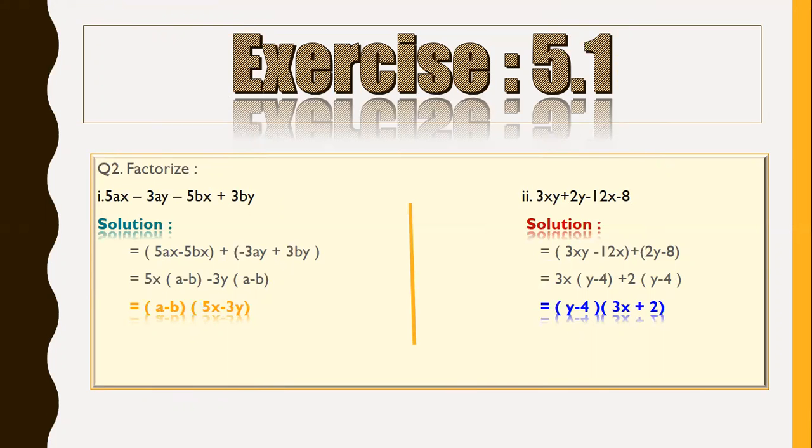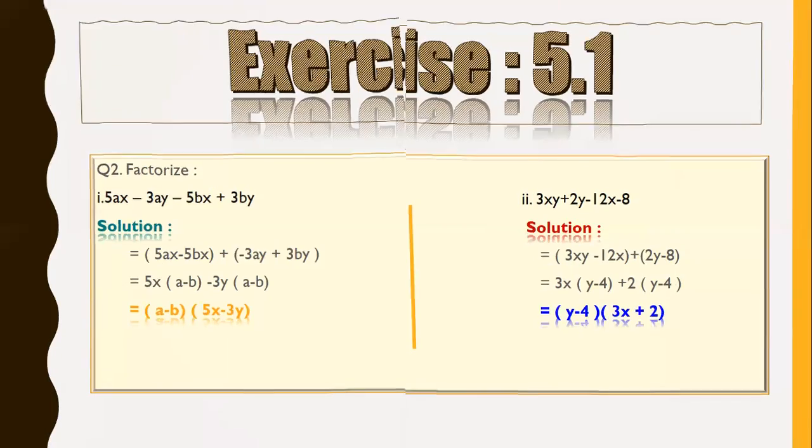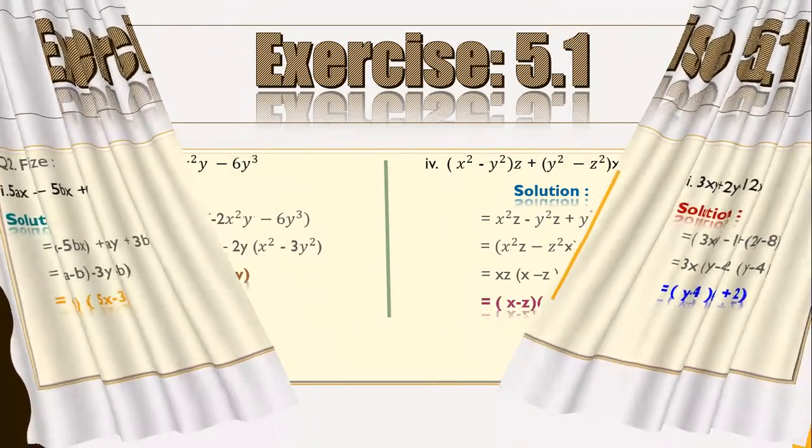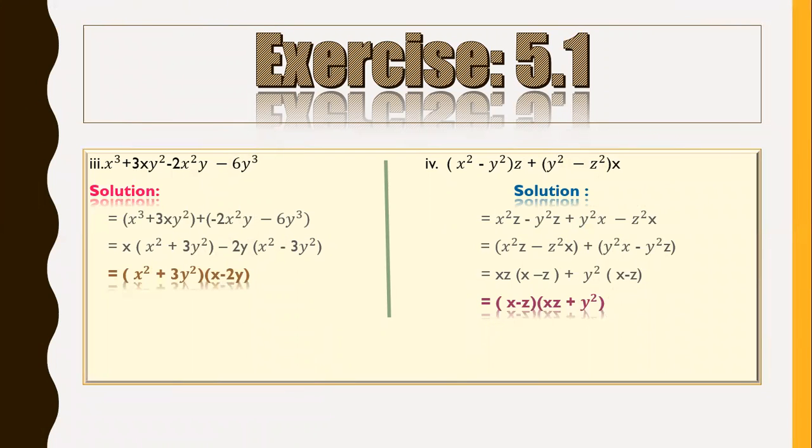Same y minus 4 in both terms. So y minus 4 and 3x plus 2. We convert 3xy plus 2y minus 12x minus 8 into the product of two polynomials, y minus 4 into 3x plus 2. Third part is x cube plus 3xy square minus 2x square y minus 6y cube.